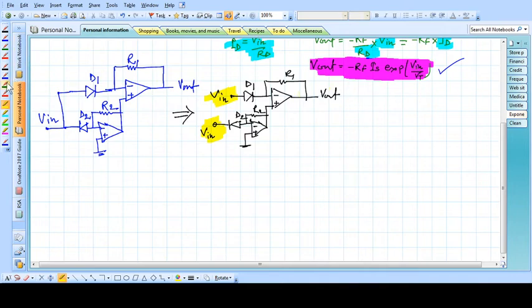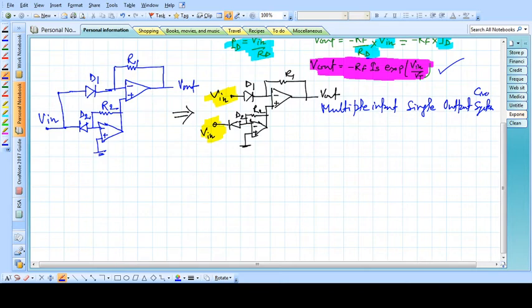So in such cases, this one is a multiple input single output system, or circuit, we can also say.